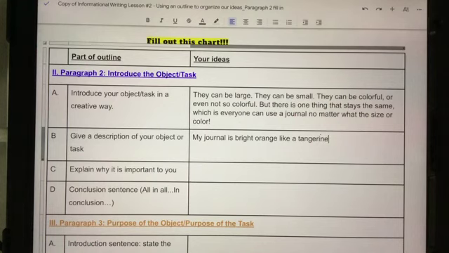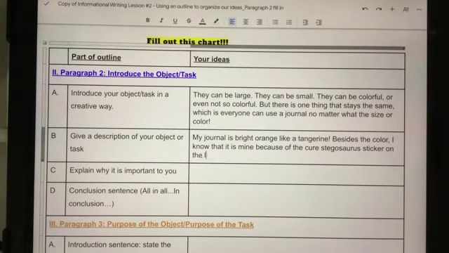I've been eating a lot of tangerines lately. They're easy to get at the store. Exclamation point. Besides the color, comma, I know that it is mine because of the cute stegosaurus sticker on the lower right-hand corner that Alejandra did give to me.